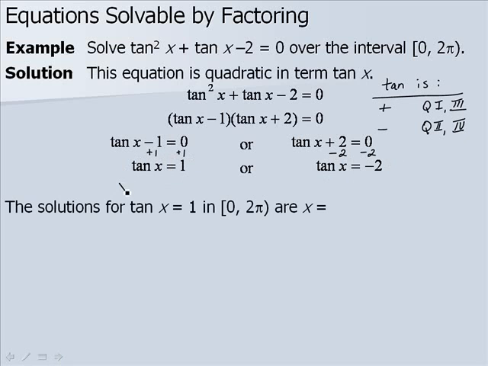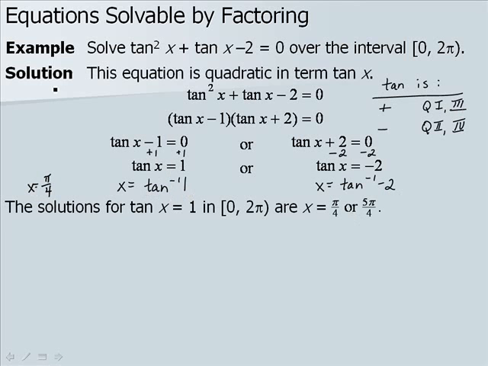So what we want to do here is say that x is equal to the tangent inverse of 1, and in this case x is equal to the tangent inverse of negative 2. When we do the tangent inverse of 1, we'll get a value of pi over 4. This value is in quadrant 1.